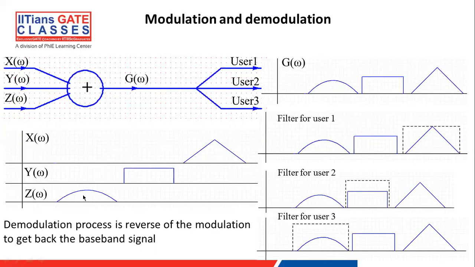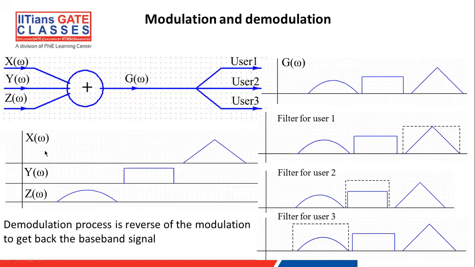Whenever you are doing this shifting, it has to be done in such a way that this signal doesn't overlap with this signal, and this signal doesn't overlap with this signal. It essentially means that the shifting that I'm doing for X of omega should not be the same as for Y of omega.